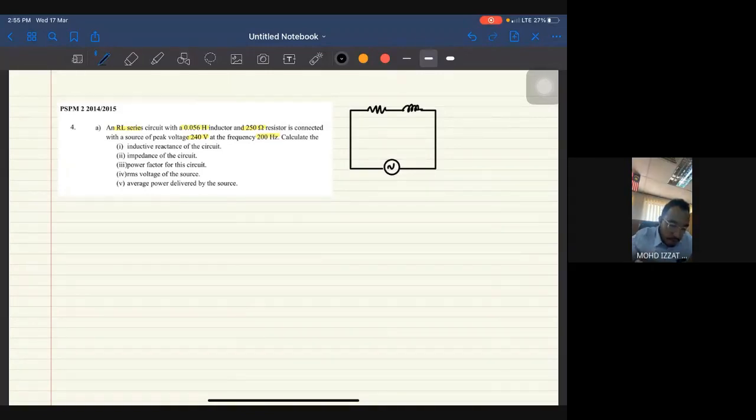Values of 0.056, look at the unit, that one is Henry, that is L. R is equals to 250 ohm. Peak voltage tu apa?